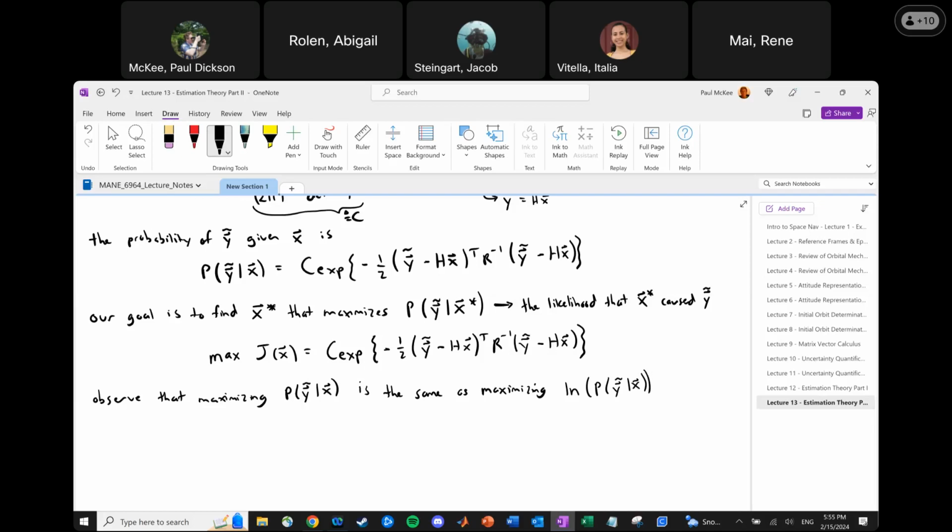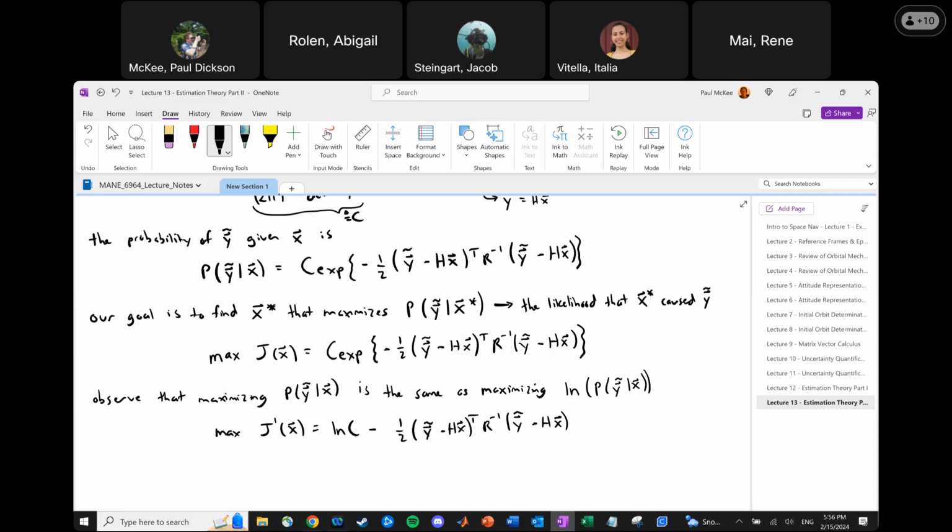So we're going to take the logarithm. The new J of x, maybe this should really be J prime of x, is equal to the natural log of C minus 1/2 (y minus Hx) transpose R inverse (y minus Hx). See, whoever said that logarithms were nasty? Logarithms are there to make our lives easier.